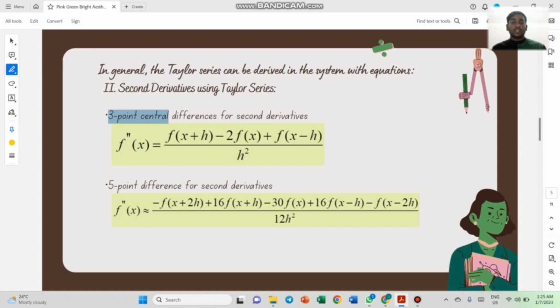The first equation is the 3-point central difference for the second derivative: f''(x) equals f(x plus h) minus 2f(x) plus f(x minus h) over h squared. The second equation is the 5-point difference for the second derivative: f''(x) equals negative f(x plus 2h) plus 16f(x plus h) minus 30f(x) plus 16f(x minus h) minus f(x minus 2h) over 12h squared. So these are the equations for the Taylor series.